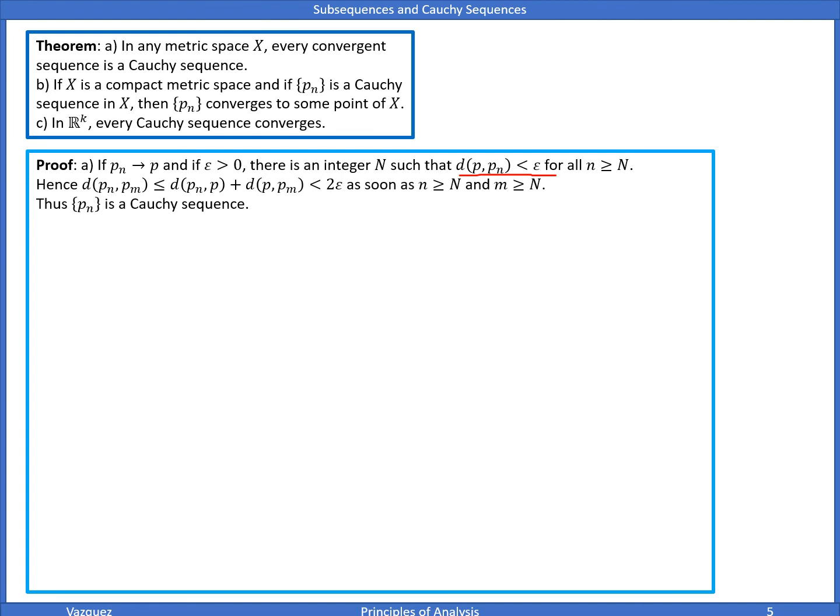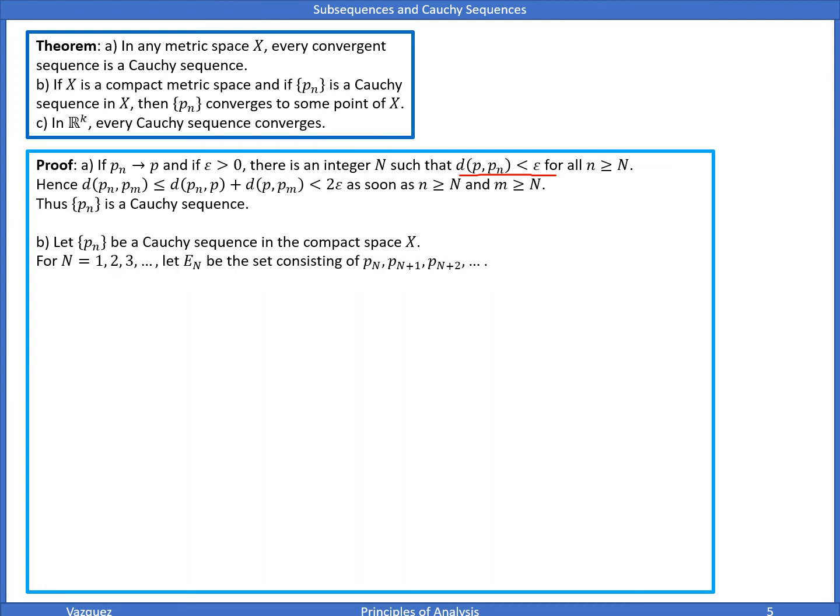Simple enough. This next one is probably the most involved, the proof of B. So if X is a compact metric space, and if P sub n is a Cauchy sequence in X, then P sub n converges to some point of X. So let P sub n be a Cauchy sequence in a compact metric space.